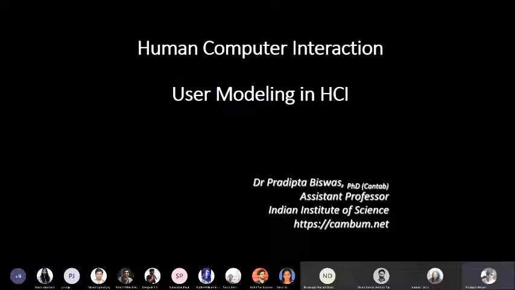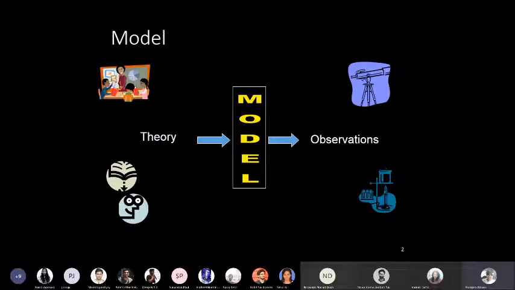So, before going into detail of user model, let us first look at what we mean by model. A model is something that bridges between the theory and observation, and sometimes the arrow may also go the other way around, that the model can also contribute towards theory. One good example perhaps we can borrow from the domain of astronomy.